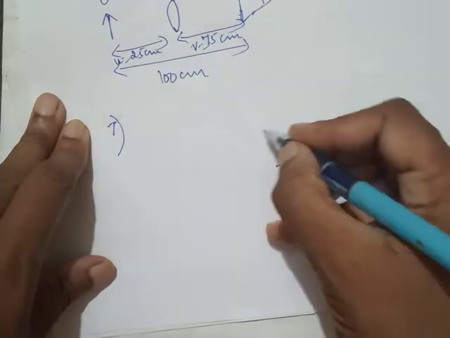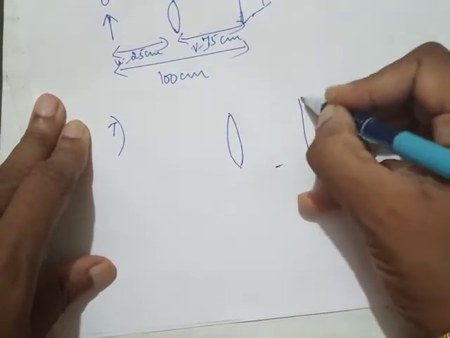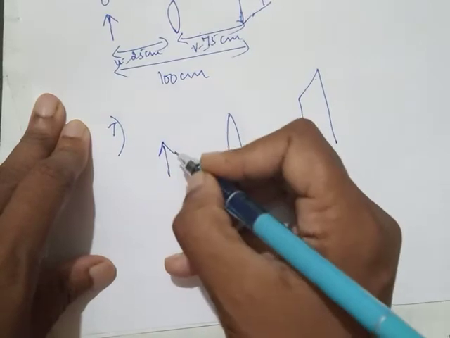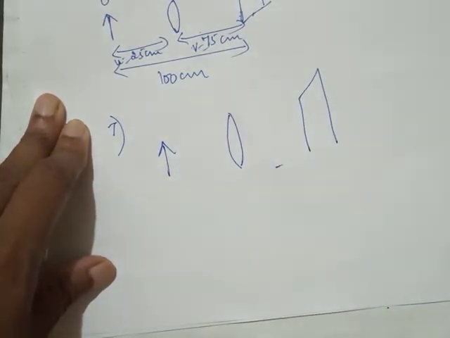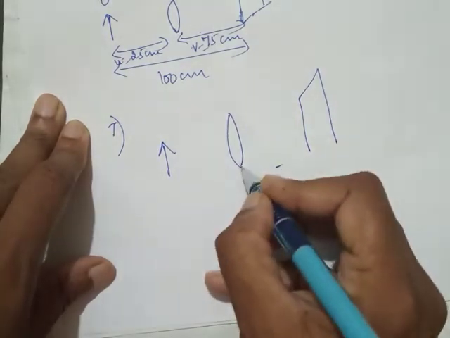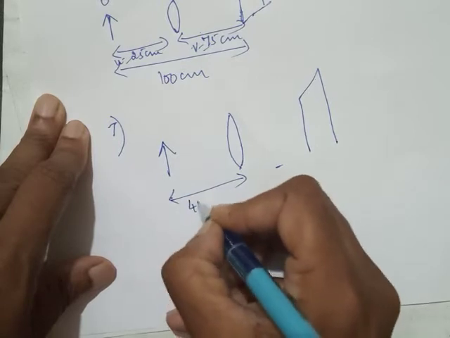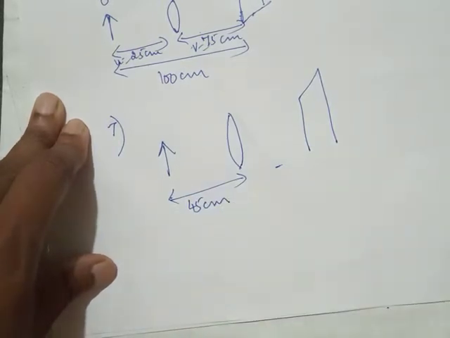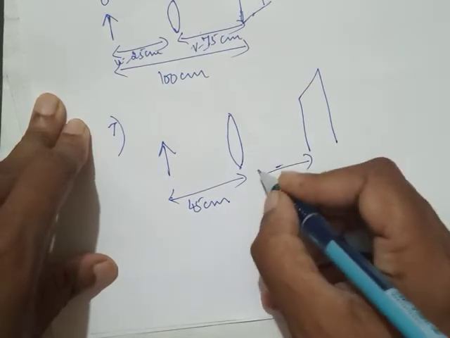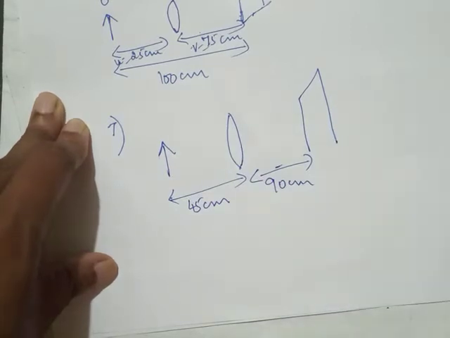So the object is placed at a distance of 45 centimeter from the lens, and it forms an image on a screen that is 90 centimeter from the lens.